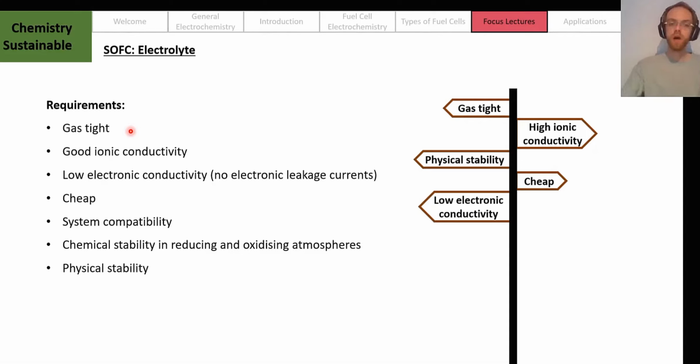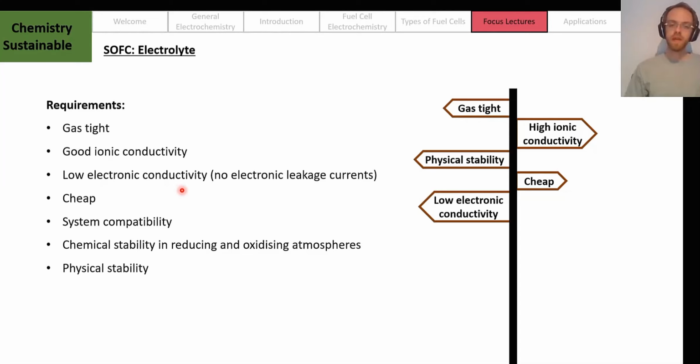We need a good ionic conductivity. This can be any kind of ionic conductivity. If we look at all fuel cells, we've seen that sometimes carbonate is transported, sometimes hydroxide, sometimes oxide, sometimes protons. So in the specific case of the solid oxide fuel cell, we are of course transporting oxide ions, so O2- ions. At the same time, we need a low electronic conductivity.